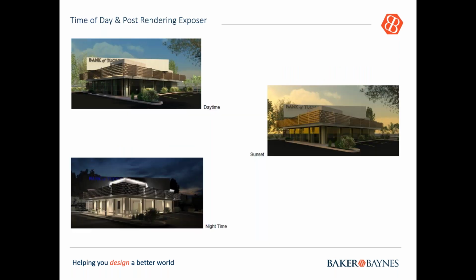On the same topic, in terms of rendering techniques, we've got the general, time of day, and post rendering. Once you've taken this into account, you've done your design, and you've modeled everything, you can play around with your daytime, sunset, and nighttime, put them together on a sheet, and compare what it will look like.